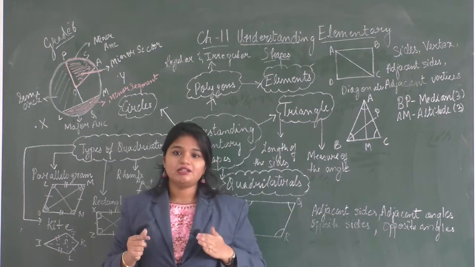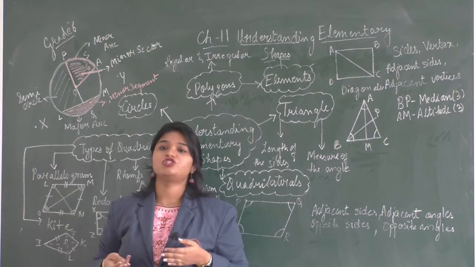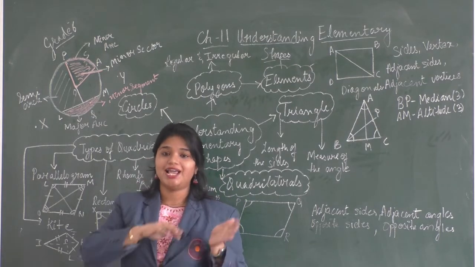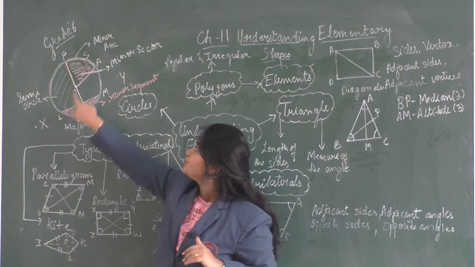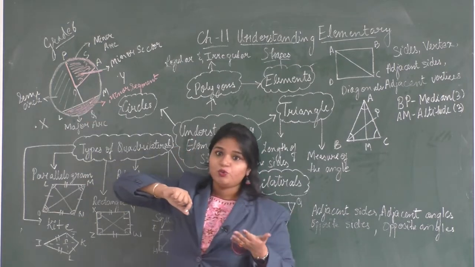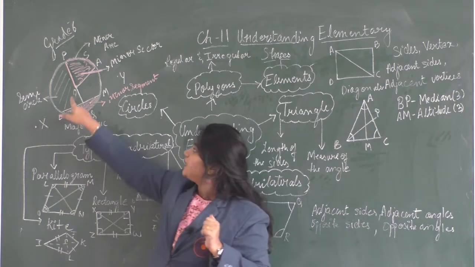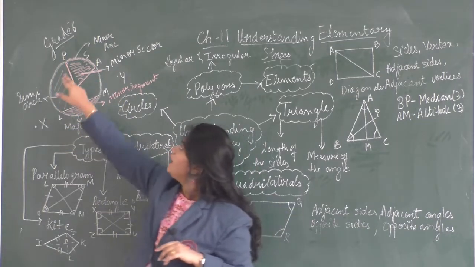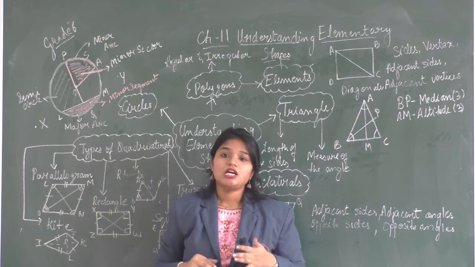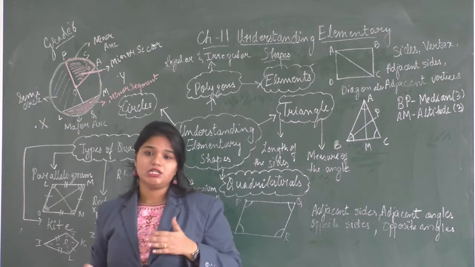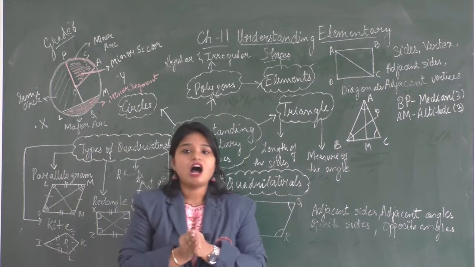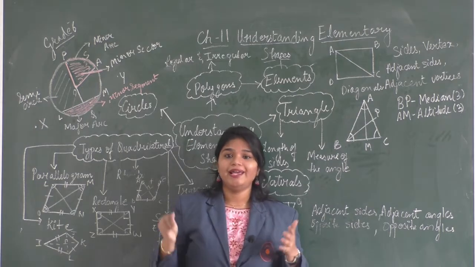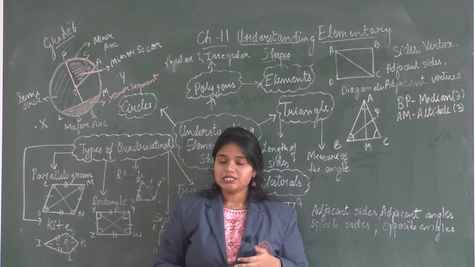Now what is a sector? Sector is the area enclosed by two radii of a circle and an arc of a circle. So here we have a sector which has been enclosed by two radii OP and OA and it has an arc PSA. Last we learned what is a semicircle. Semicircle is the half of a circle which is formed by any one diameter of a circle.